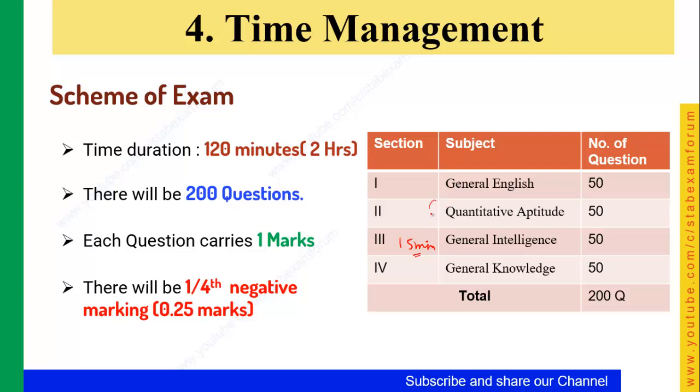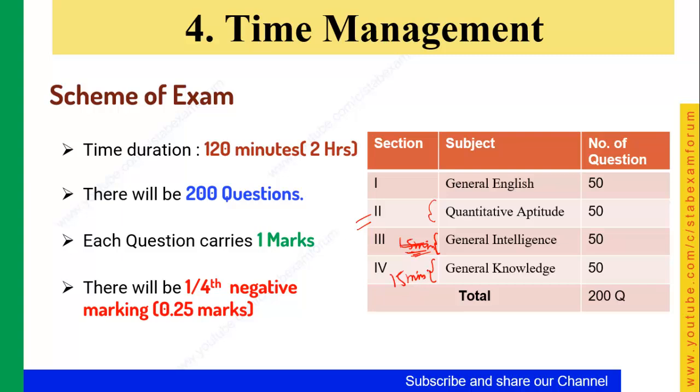Quantitative aptitude will take more time. Definitely it has certain calculation. Sorry, this is general intelligence, right? General knowledge. Okay, general knowledge will take 15 minutes, not general intelligence. Sorry for my writing. So general knowledge will not take more than 50 minutes.